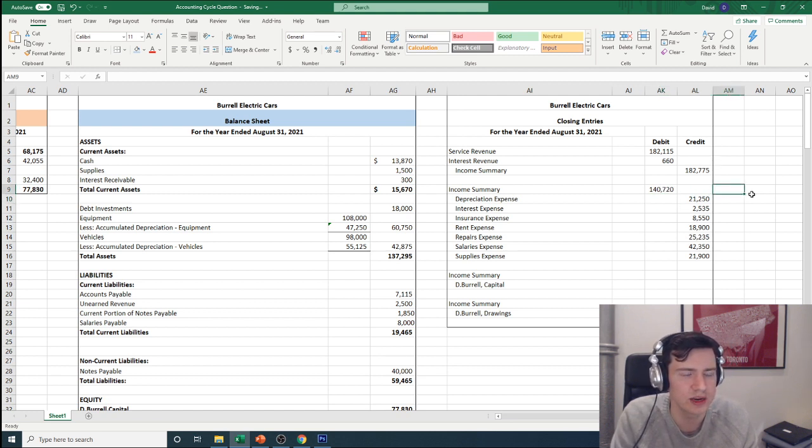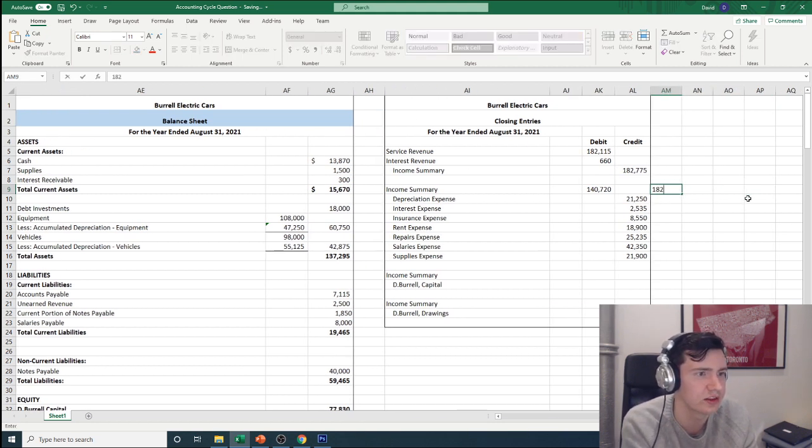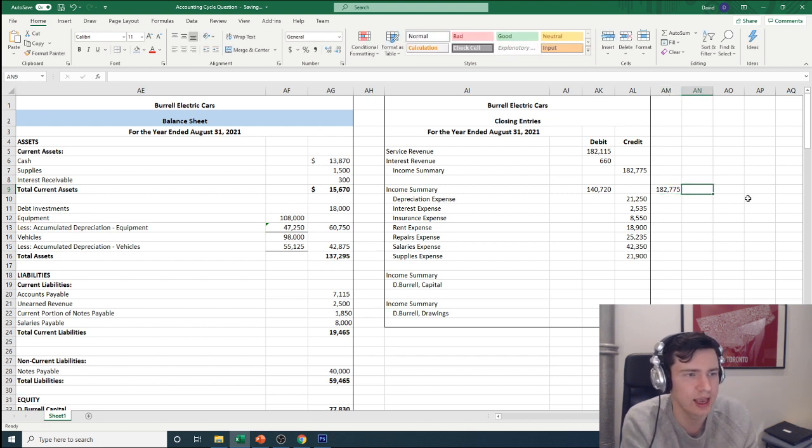So right now, what should be going through your head is that we have an amount of 182,775 of revenues that have been closed to income, and we have 140,720 of expenses closed to income.